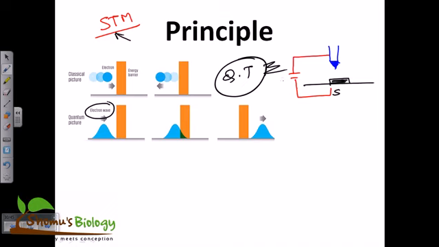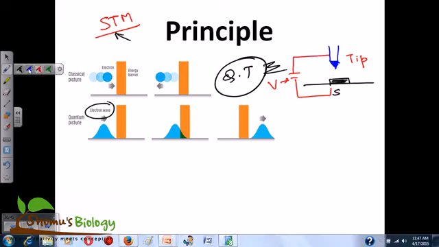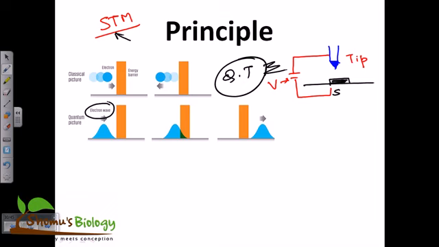If we add a particular voltage between this tip and the specimen, electric current starts to flow between them. That is the idea. Due to this voltage between the tip and sample, current starts to flow from the tip to the sample, right?